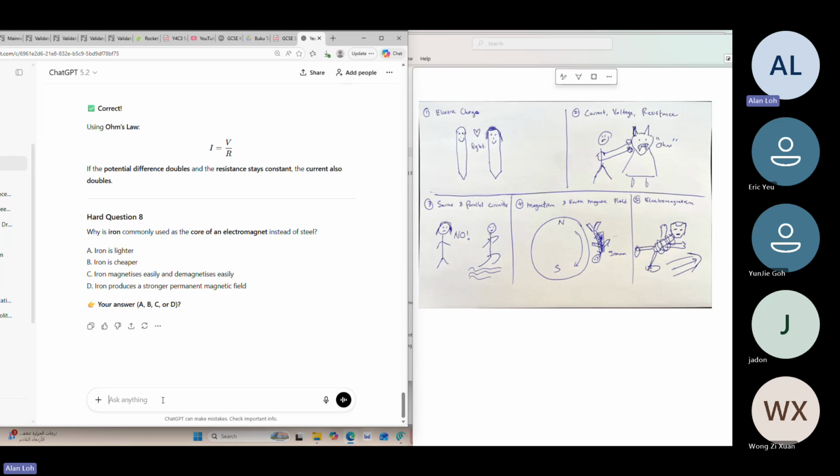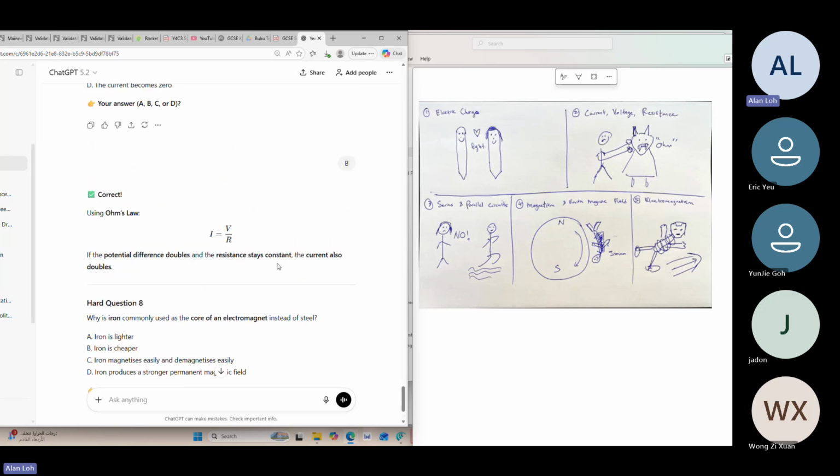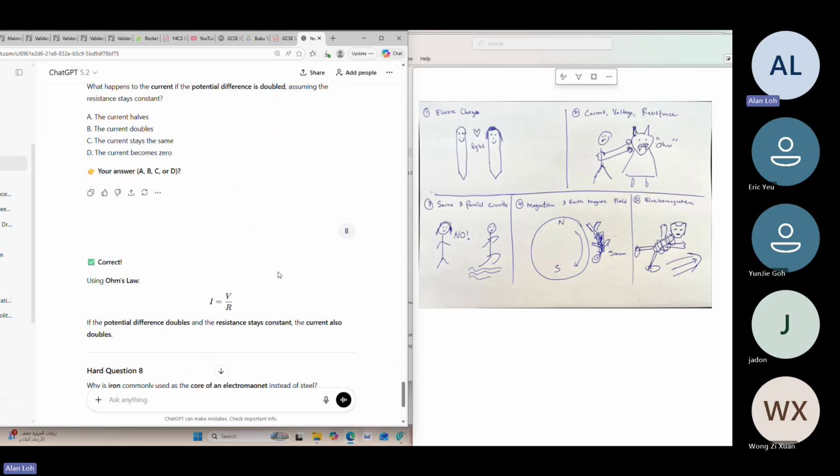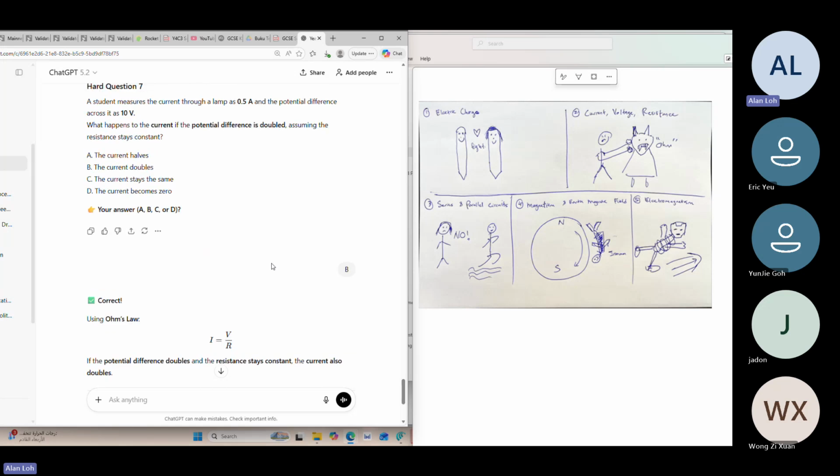You understood this? Okay. Yunjie, you understand? If you do not understand yet, I'll give you one example. Oh, you understood? Okay, then it's fine. Anyhow, I'll give you one example. Now you have V equals I times R. V is 10, I is 0.5. R is what? R is 20.